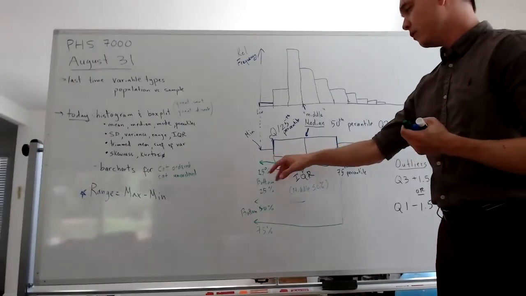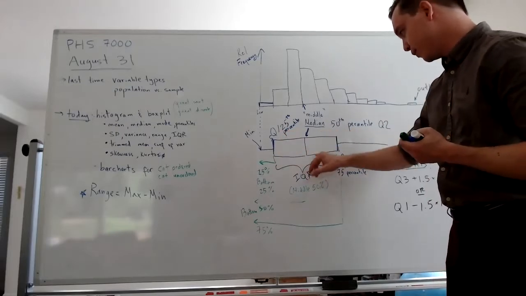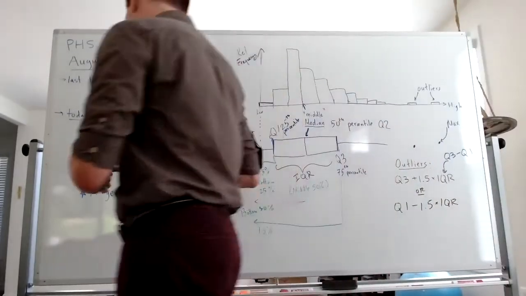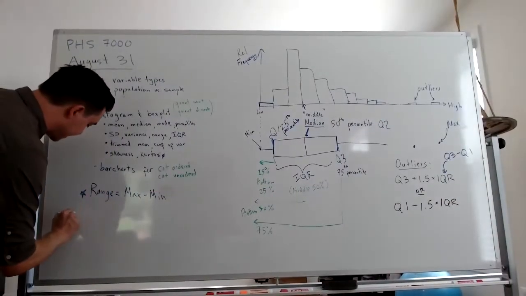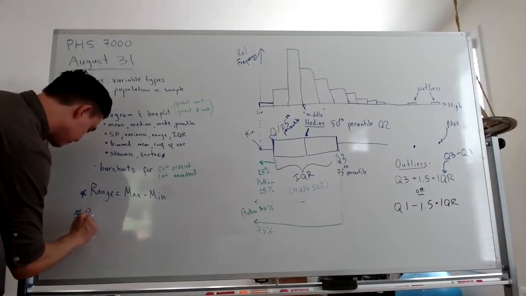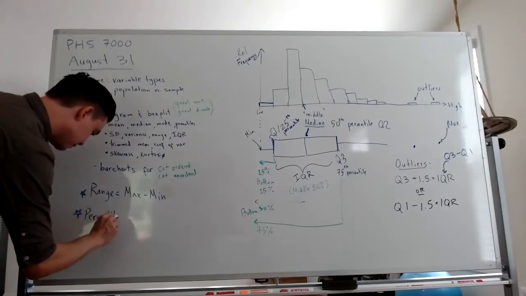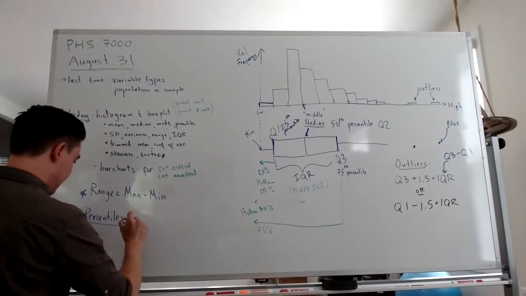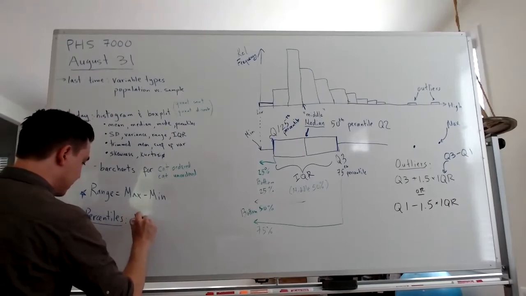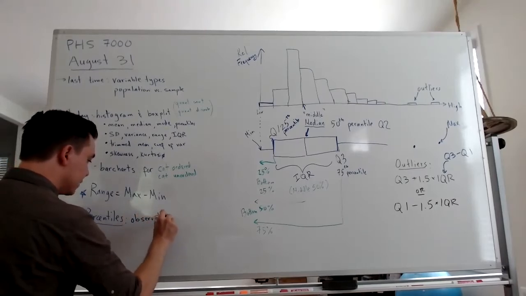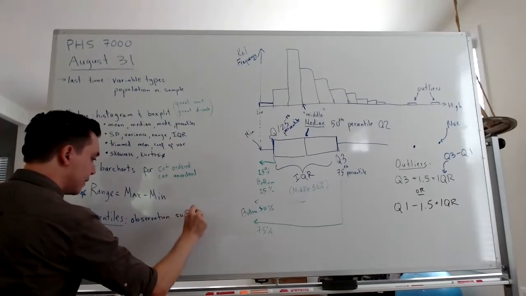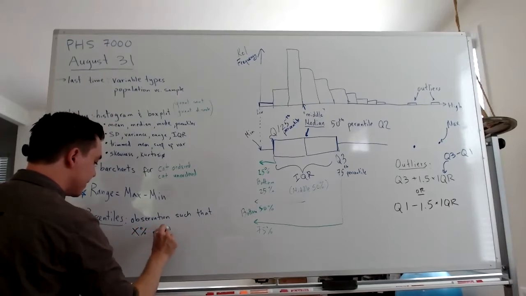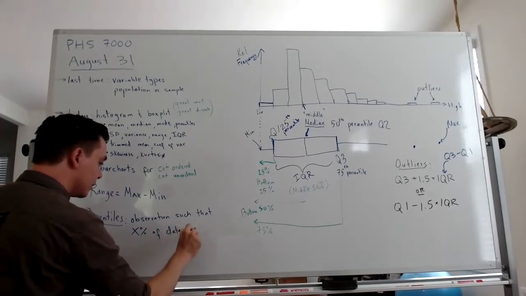And altogether, when we talk about Q1, Q2, Q3, even the minimum and the maximum, these are all together comprising percentiles. Percentiles are observations such that X% of the data are below.